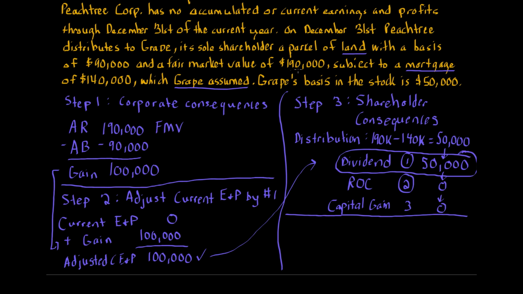So that is going to be the adjusted basis of the land in Grape's hands. So we've just determined how the $50,000 distribution is taxed as a dividend, and we also determined the basis of the land going forward to Grape.